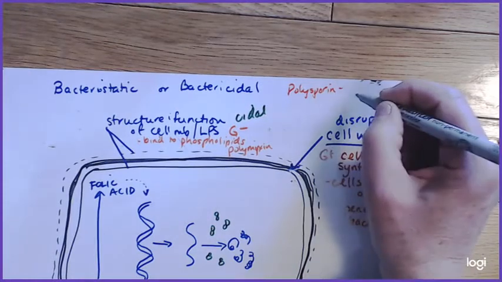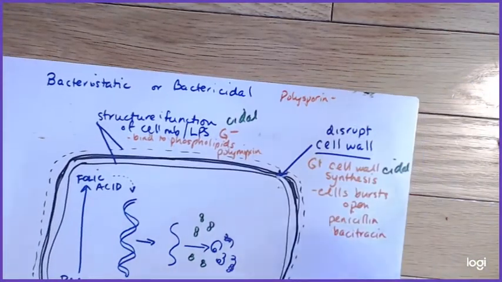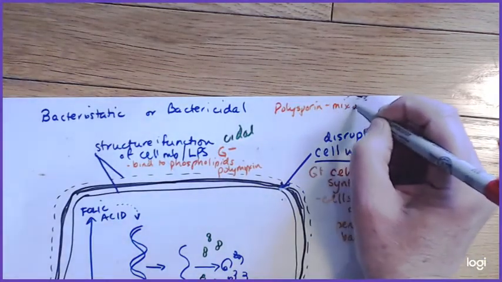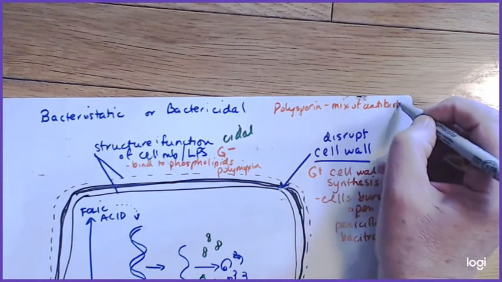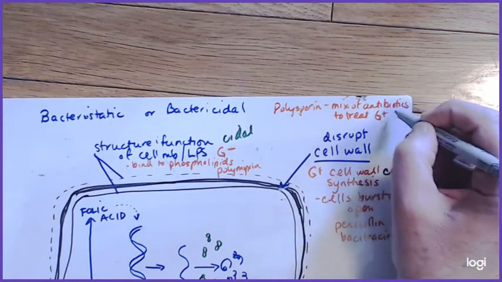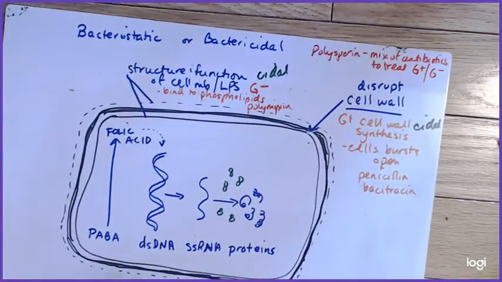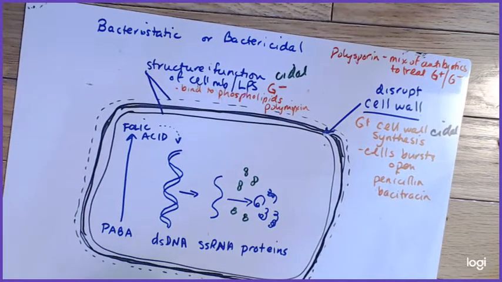It has antibiotics in there that will treat both gram-positive and gram-negative bacteria. So the polysporin has a mix of antibiotics to treat gram-positive and gram-negative bacteria. You usually use a polysporin for infections that aren't too serious.